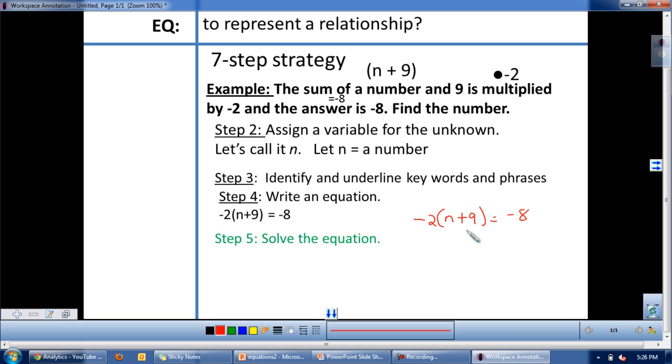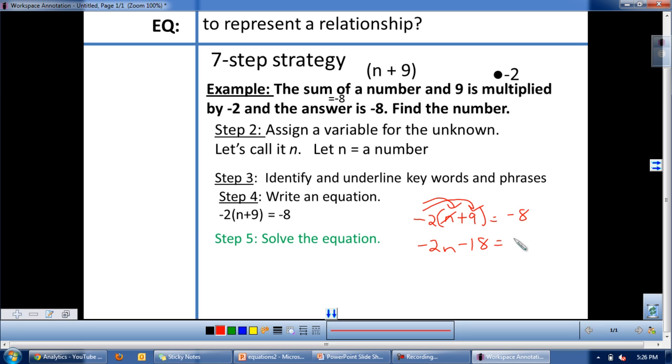We have parentheses here, so that means we are going to use the distributive property. We're going to take -2 times n, that gives us -2n. We're going to cross that n out to remind us that we still need to take care of this 9. Then we'll take the -2 times the 9, and that's -18.